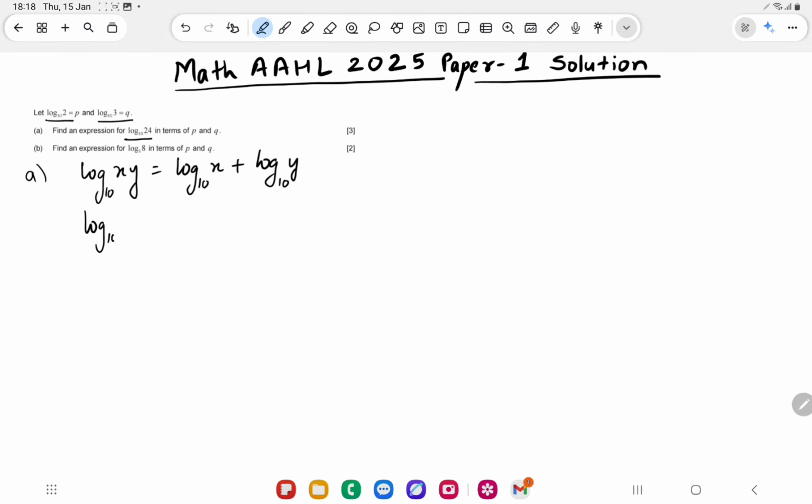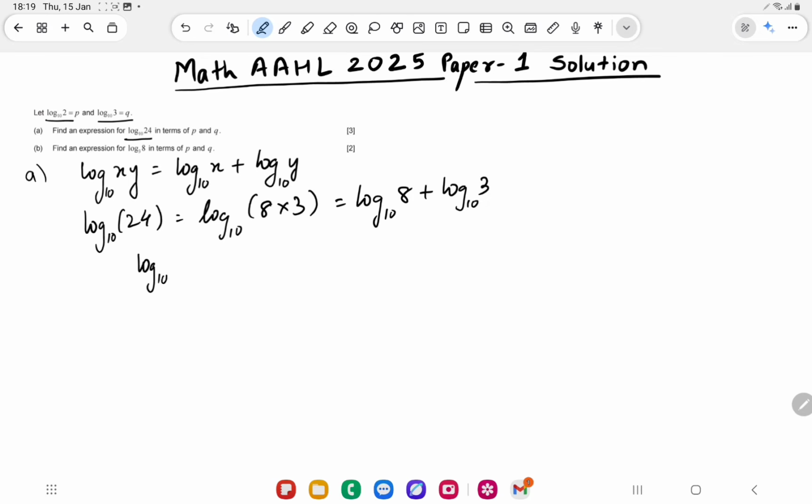So before that, I have to first factorize this 24. So I can write it as 8 into 3. Now I can apply the above property and I can write it as log 8 plus log 3, both with base 10. Now before moving forward, I have to again factorize 8 as 2 cube.